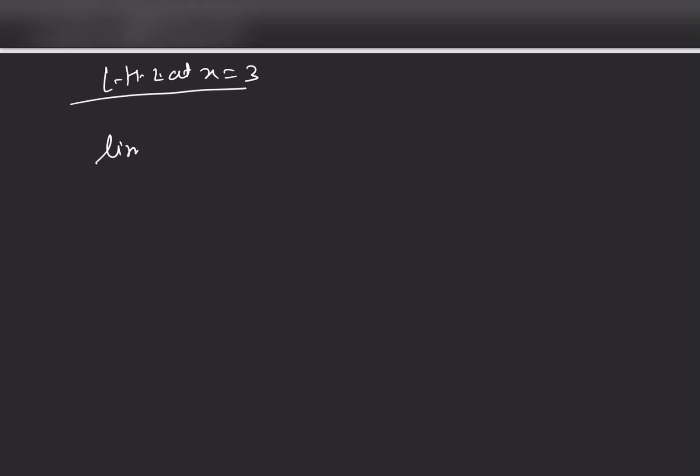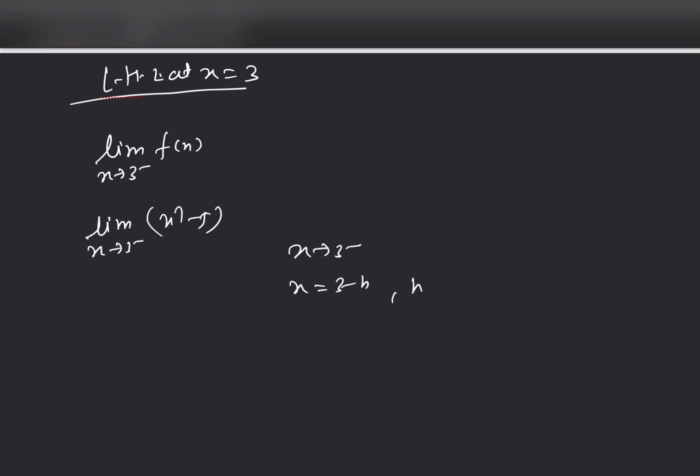So the limit as x goes to 3 minus of f of x. Here we have to consider f of x equal to x square minus 5. x goes to 3 minus means x equal to 3 minus h, where h tends to 0.